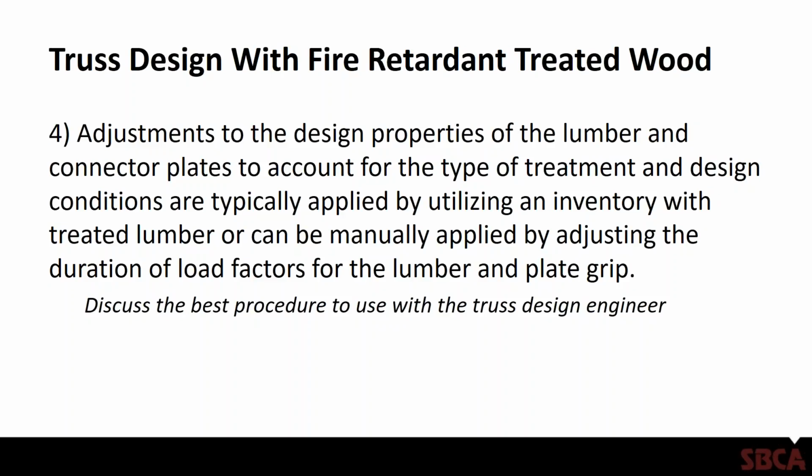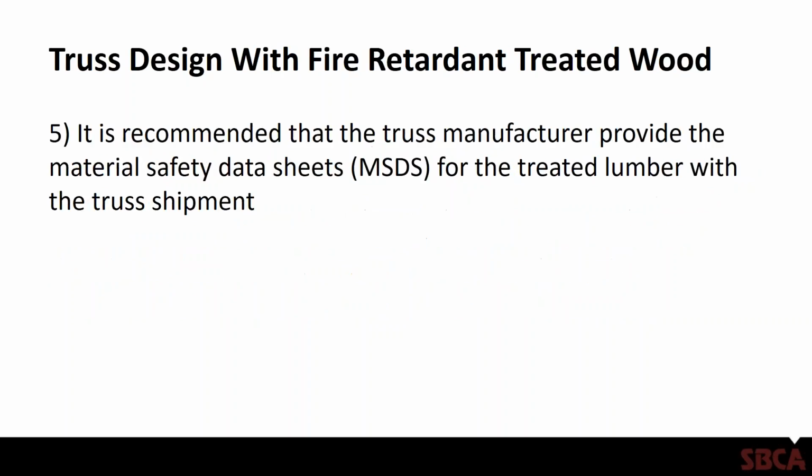However, it can also be manually applied by adjusting the durational load factors of the lumber and lateral resistance values for the plates. The best way to do that, again, for the truss designer is to discuss these procedures with the truss design engineer and the plate and software provider.